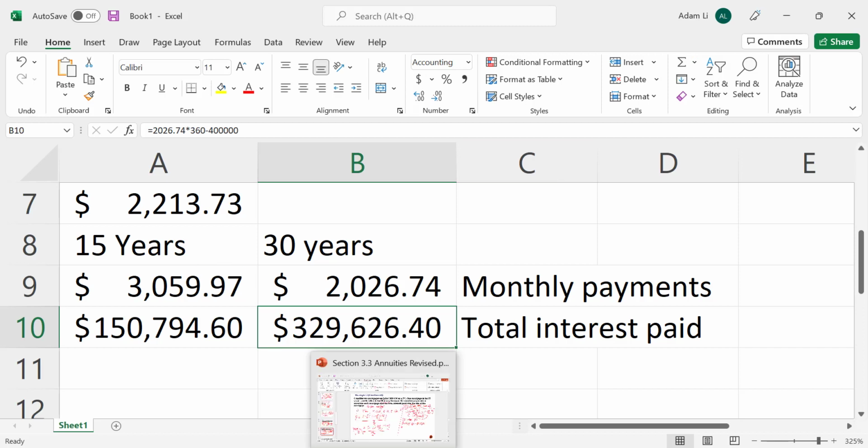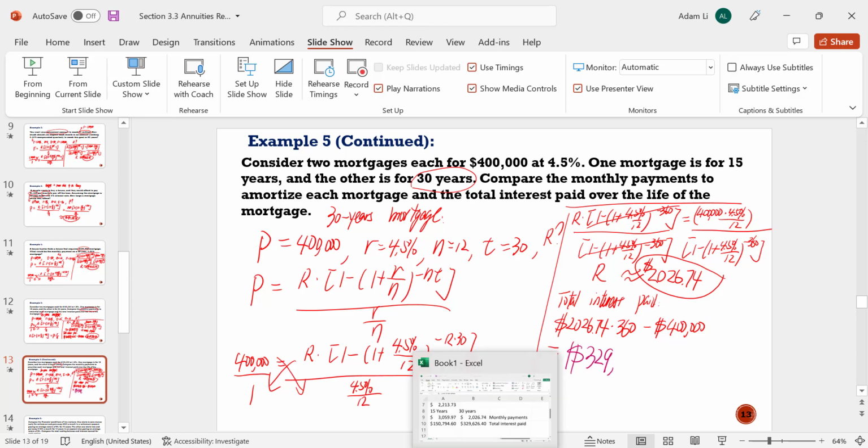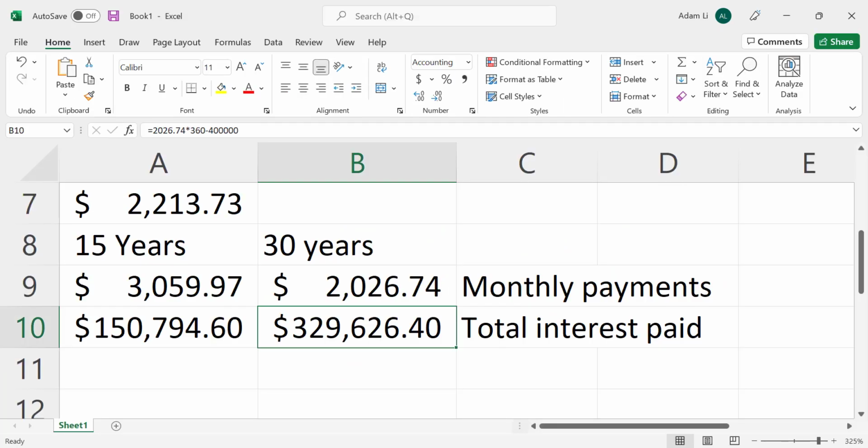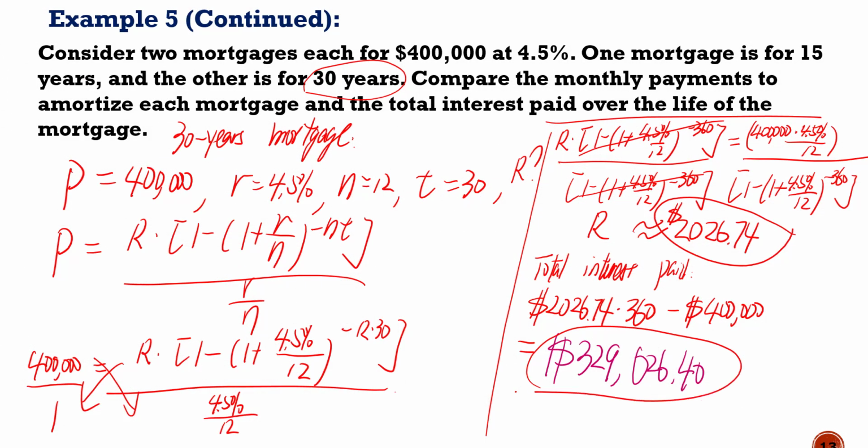So the total interest paid is $329,626.40. Okay, so this is the total interest paid for the 30 years fixed mortgage.